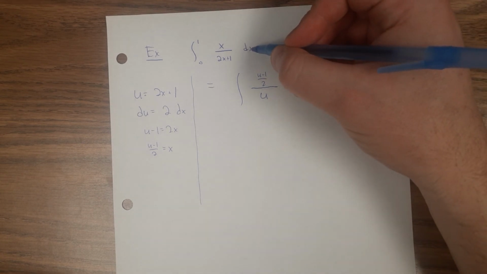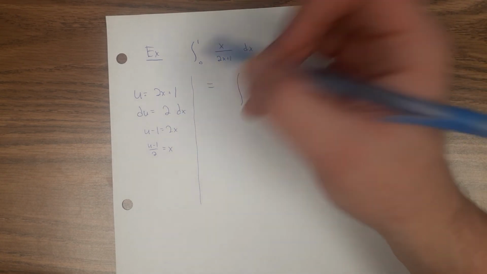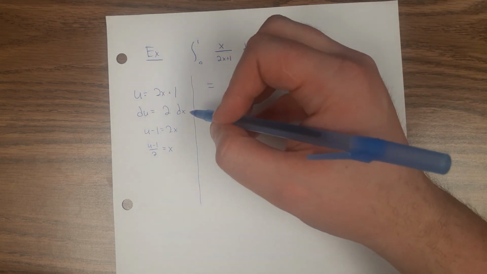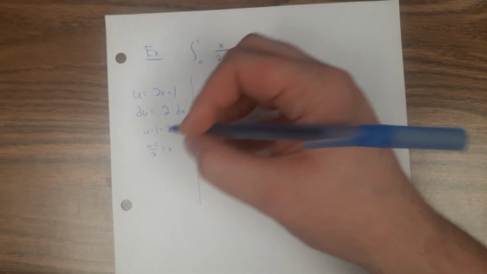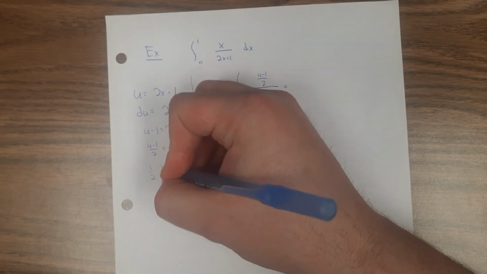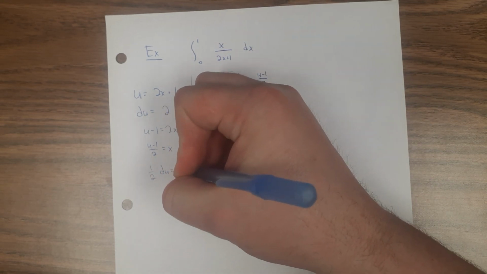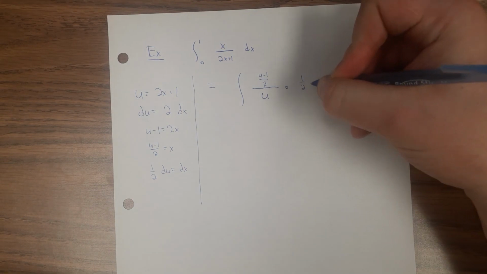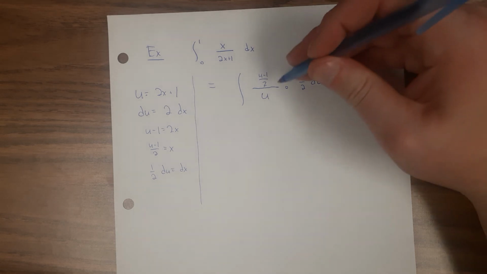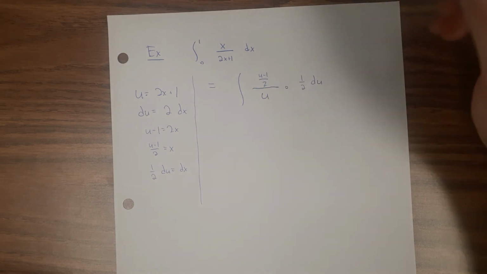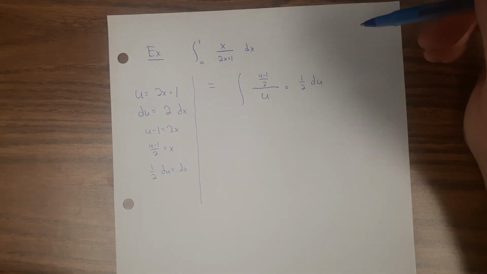I need to replace dx with something. I'm not sure what to do. In the past, though, what has worked is just taking this and solving it for dx. So 1/2 du equals dx. So I'm pretty happy with that because I don't have any x's left or a dx. It's only u's.